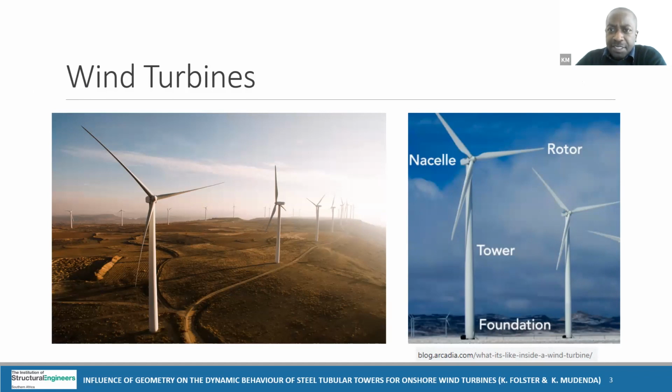As far as the parts of a wind turbine are concerned, the first part is the rotors. The rotors are designed aerodynamically to be able to harness the moving wind speed to cause rotation. The rotation of these rotors is what drives a gearbox.